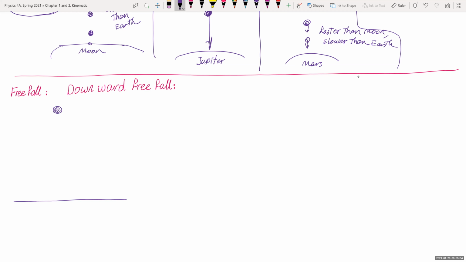Okay? We drop it or we throw it at the beginning. So it has initial velocity. Correct? It falls. So while it falls, speed what? Increases.